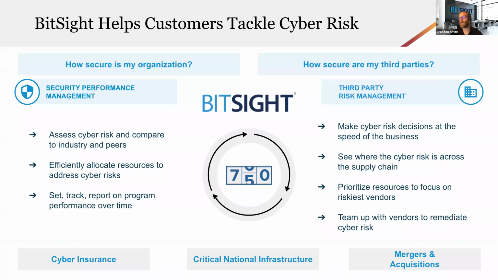There are also some additional use cases for cyber insurance, which is probably apparent from some of the things we've talked about. Critical national infrastructure, which is national governments monitoring their entire national infrastructure space and looking for red flags within it, or even sectors.